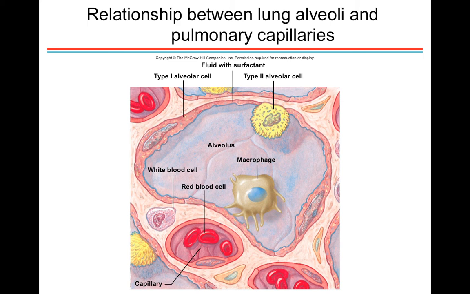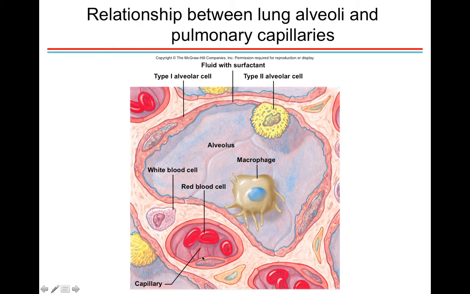And I also want to show you before we move on that there's a macrophage. Macrophages survey for microorganisms in the lung to see if there are any microorganisms coming in that can potentially infect our bodies. And I want to show you how close the capillaries are to each alveolus.